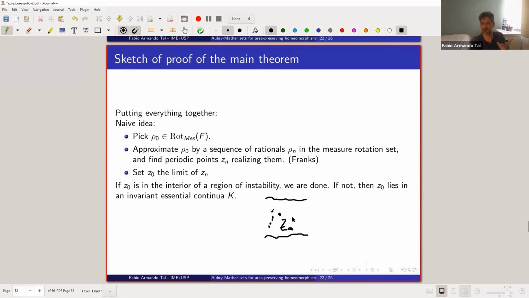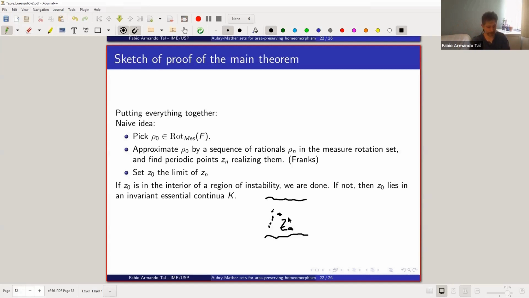And then I can apply the result that says that in a region of instability, the closure of the rotation set of the Aubry-Mather sets is the same as the rotation set of the measures, which is an interval. So if Z0 was in a region of instability, I could already finish and say, okay, I'm done. This is good. I know that this happens.